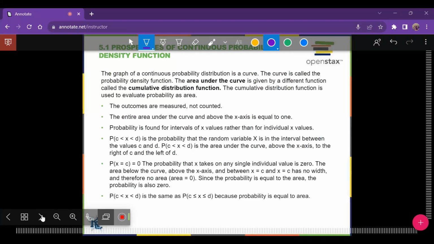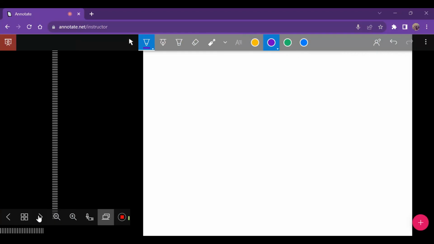This talks about the properties of continuous probability density functions. I'd encourage you to read this. We're going to look at some examples and talk about these properties as we look at examples. So I'm not going to read this to you. So let's look at what this stuff actually means.